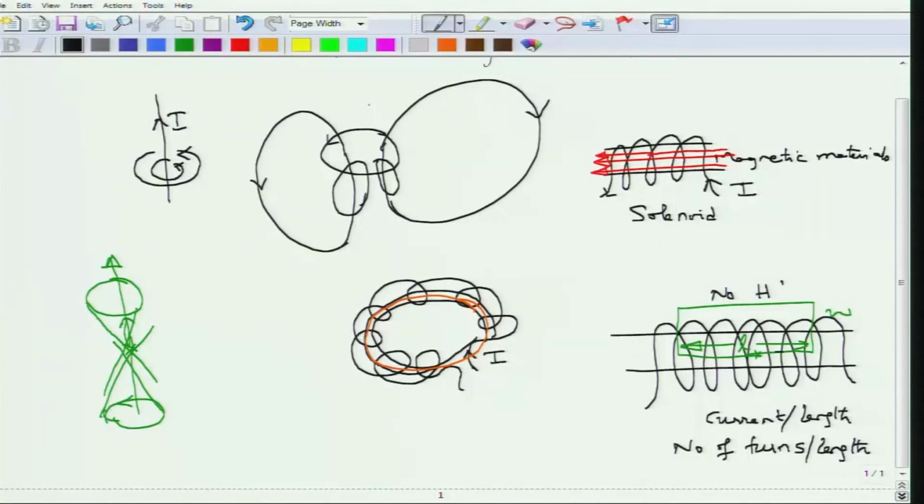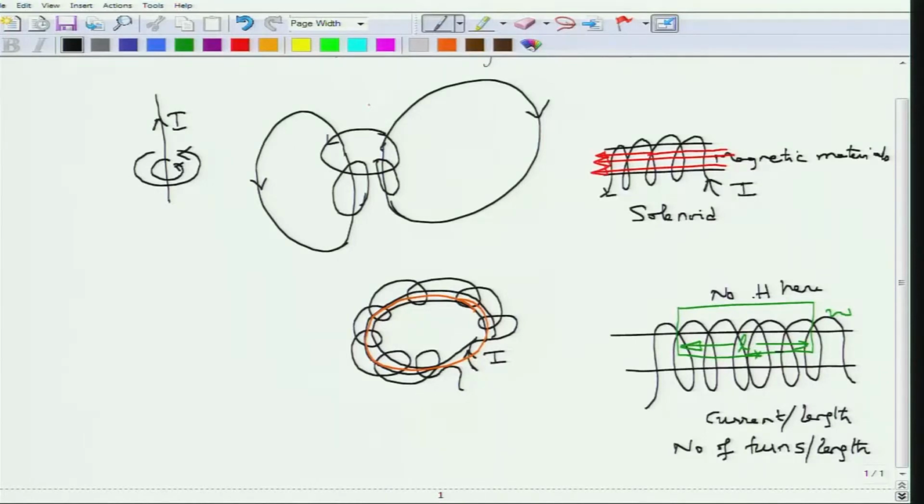So, no H here tells us that there is no magnetic field outside that of the solenoid and all the magnetic field is inside the solenoid. Okay. This is an approximation which is very good when the length of the solenoid is very large, especially compared to its diameter.